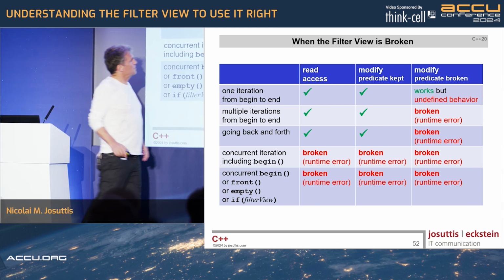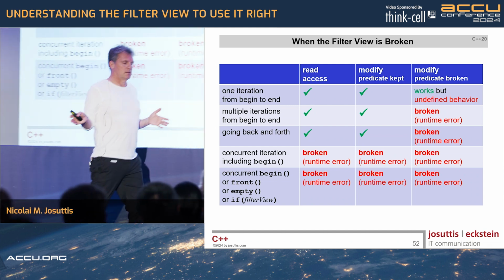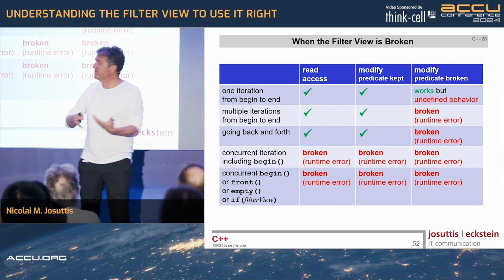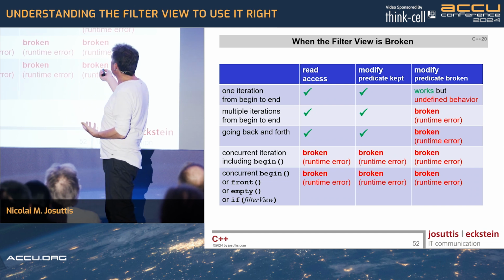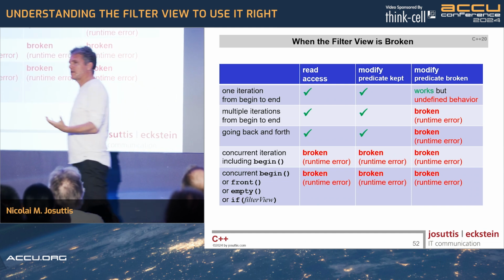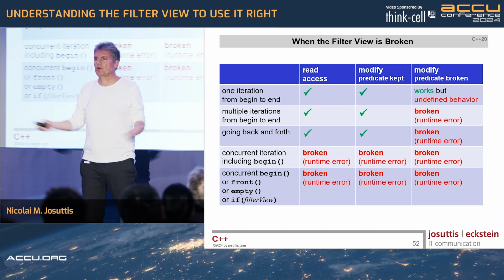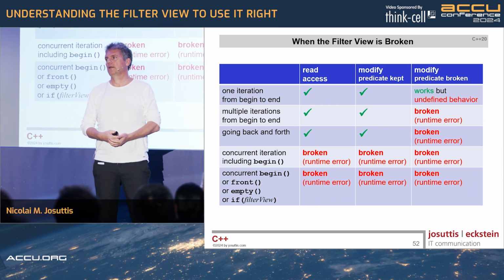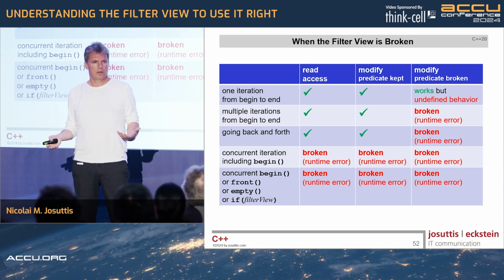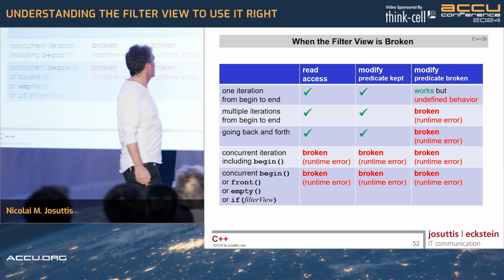If you start not just to go from begin to end, but go back and forth and back and forth, obviously, if the modification breaks the predicate somewhere, suddenly there is something strange going on. It will not work properly anymore. And that's for sure something inherent in the problem, so that is nothing we can fix. That's not a surprise.